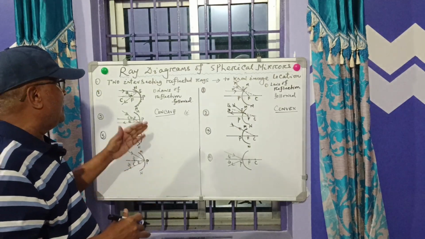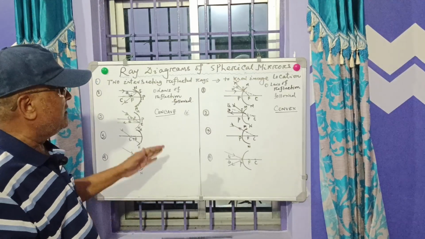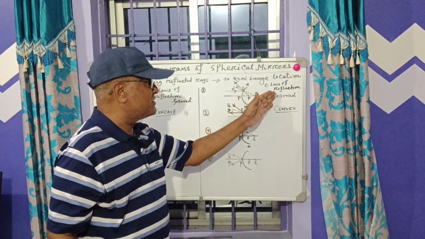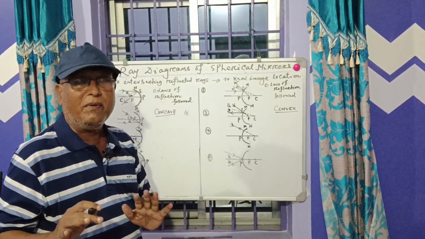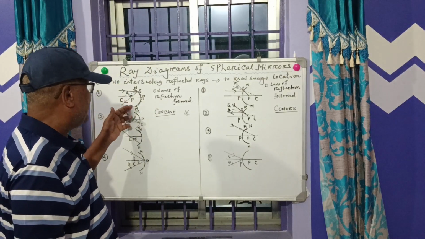So angle of incidence is equal to the angle of reflection, that we have discussed under the laws of reflection. This is the first case of concave mirror.